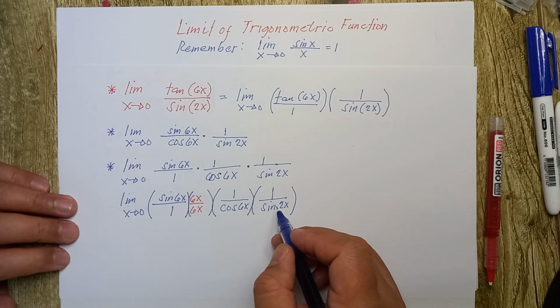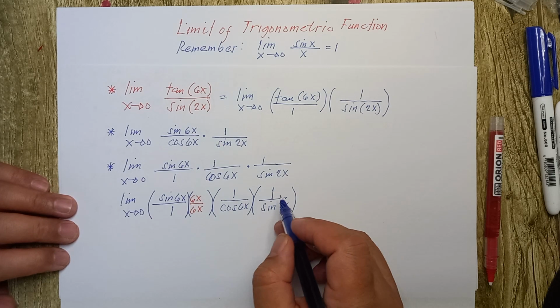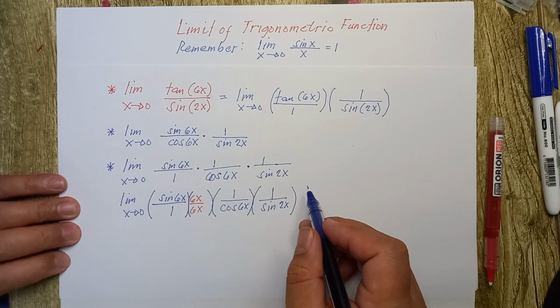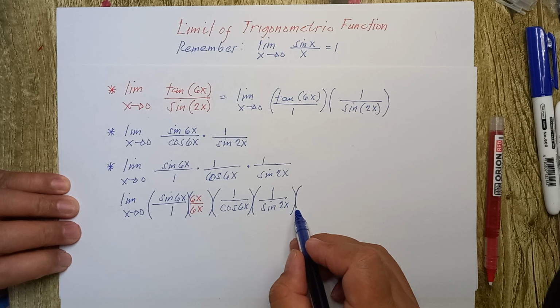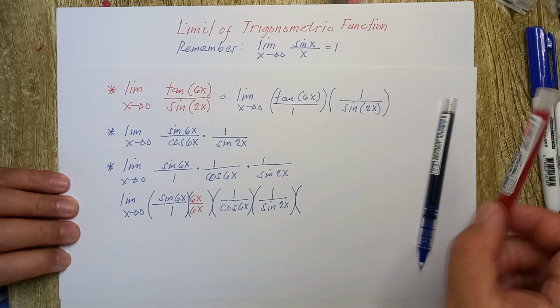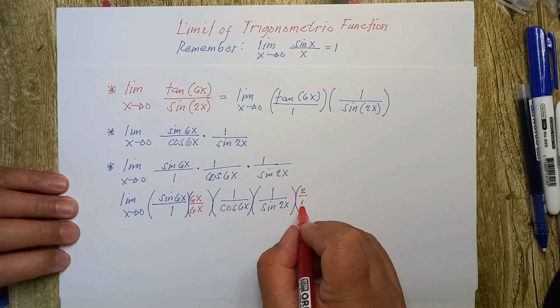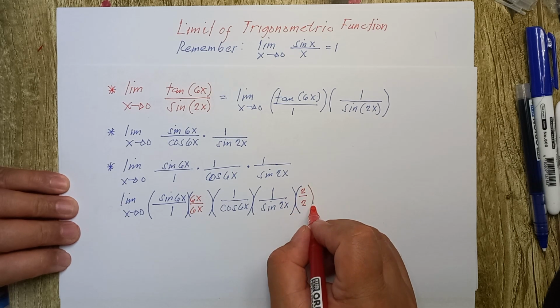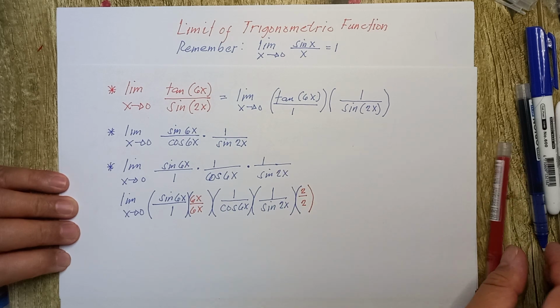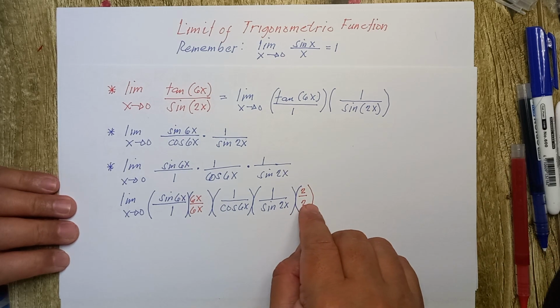How about in here? The same. We'll make this one to be 2x. So what would be our multiplier? So our multiplier in here is 2 over 2. Why is it that there is no x?